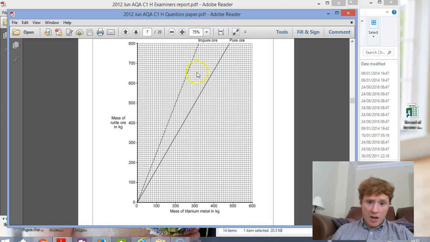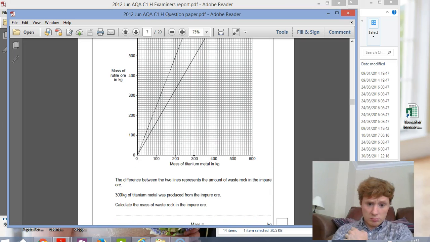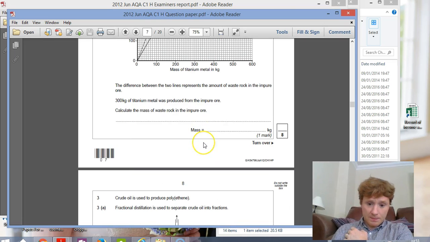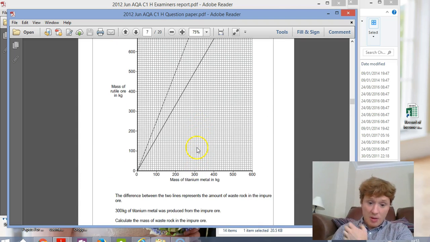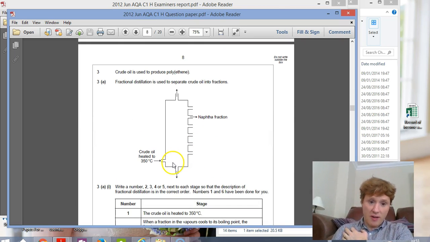And then if you go up to this one, it's just the difference between two lines. It's quite hard to show on a graph, but if you've got a ruler, then you can show the difference is 250.